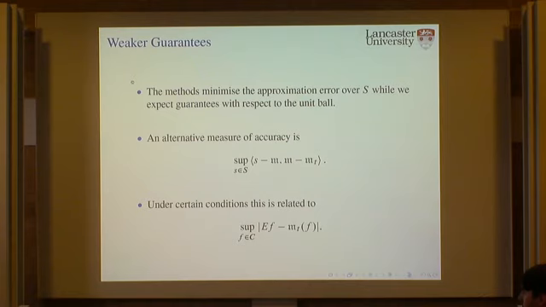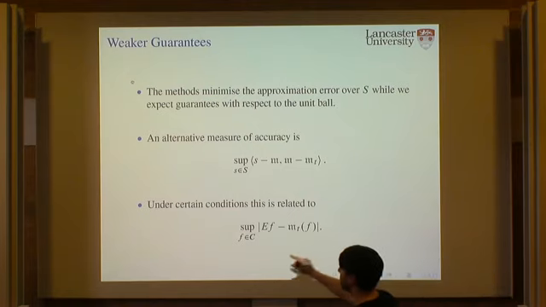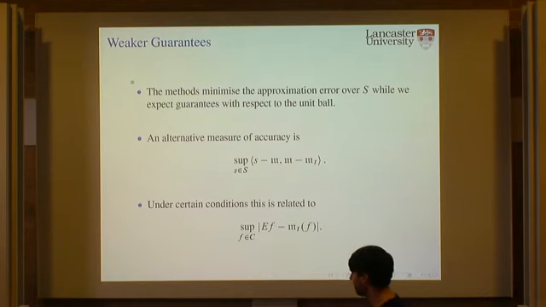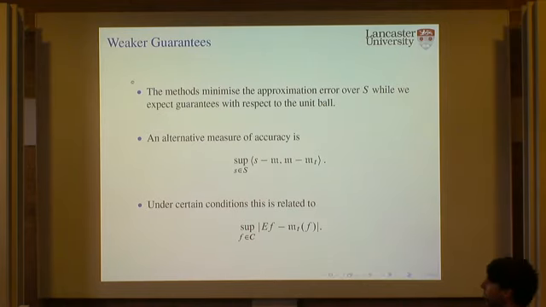So it's a weaker form of measuring the error. It has a bit of natural appeal, that I want to have a good approximation error for these elements which I actually optimize. I'm going over these anyway, so I want to be good over all of this convex set, but I don't necessarily need to be good in directions that I don't optimize over, that I possibly don't care about. So it's a different form of convergence.